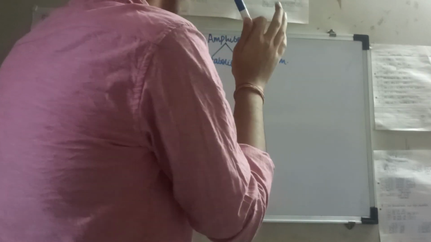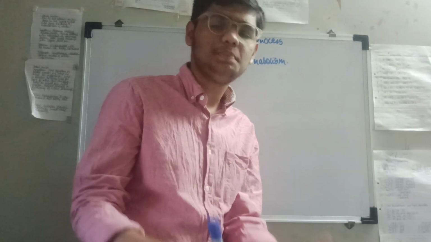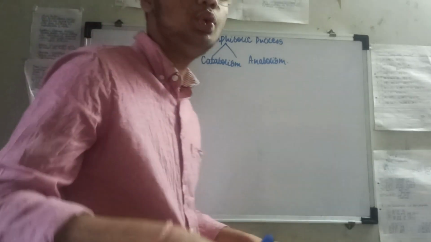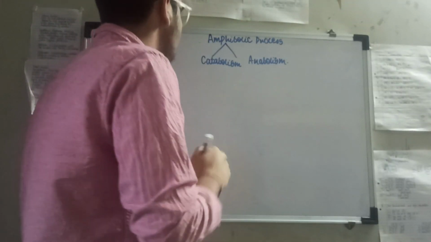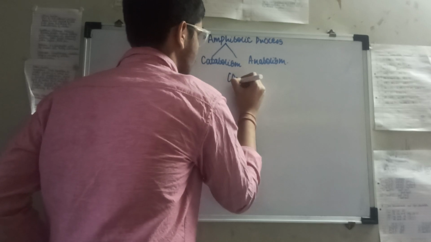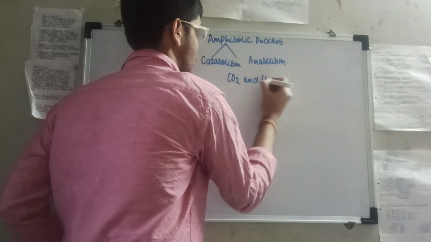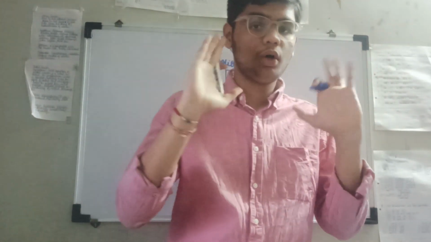In catabolism, we saw that glucose or any other respiratory substrate was broken down simply into carbon dioxide and water. We got two products, carbon dioxide and water.